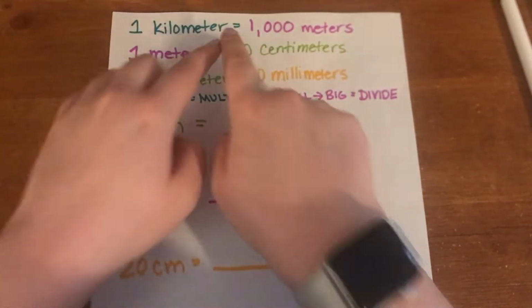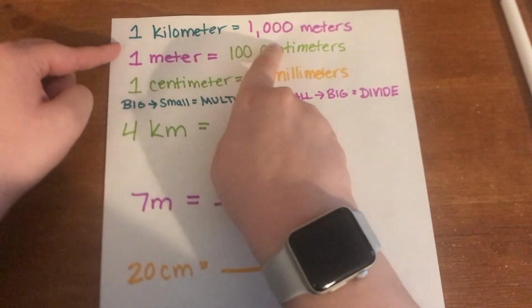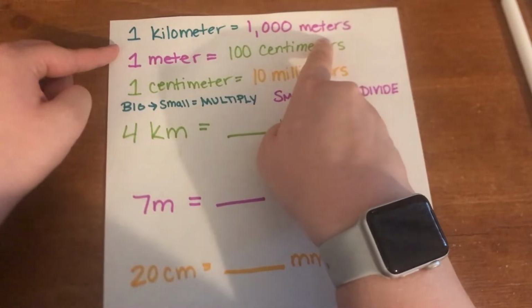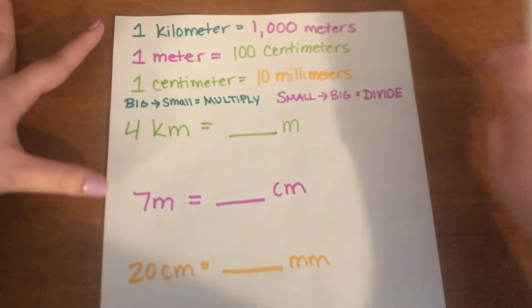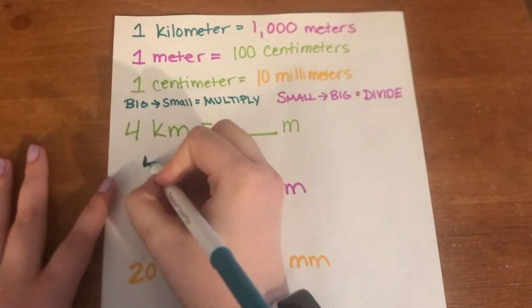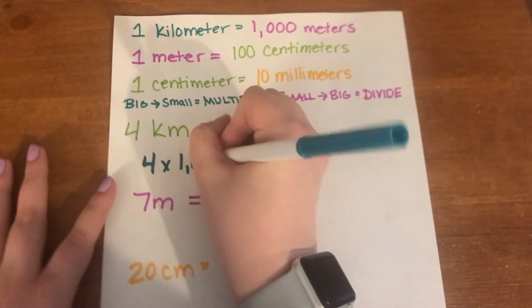Let's look up at our key here. If 1 kilometer is equal to 1,000 meters, then 4 kilometers would be equal to 4 times 1,000, right?